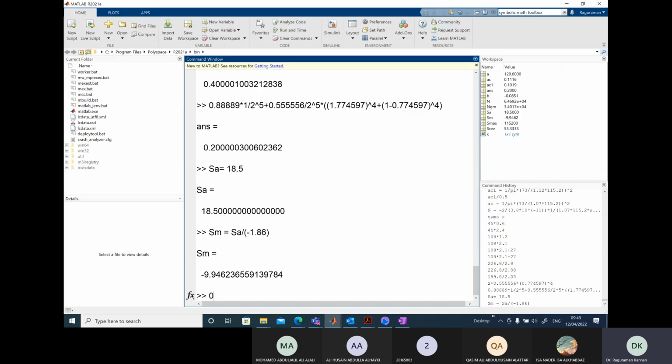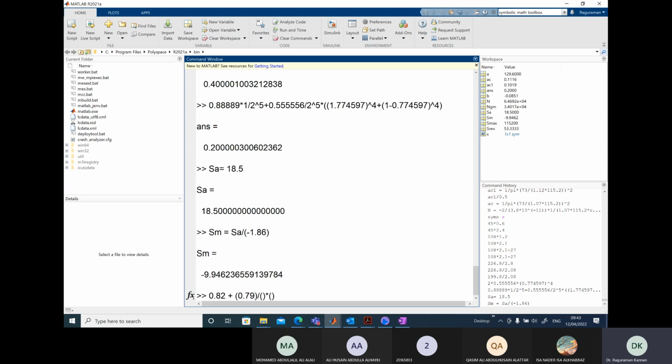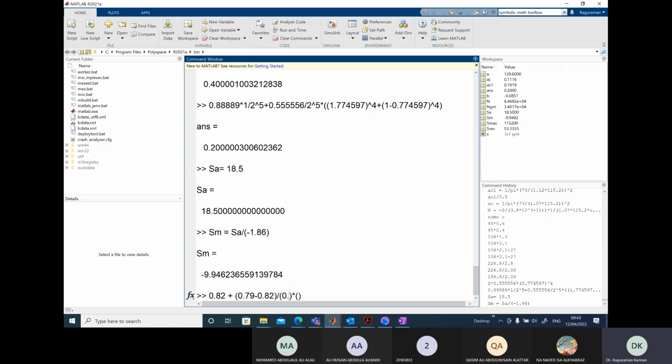Let's see here, 0.82, bracket open. Each bracket we need to fill in. 0.79 minus 0.82. In the denominator we have 0.15 minus 0.125. And then we have 0.143 minus 0.125.